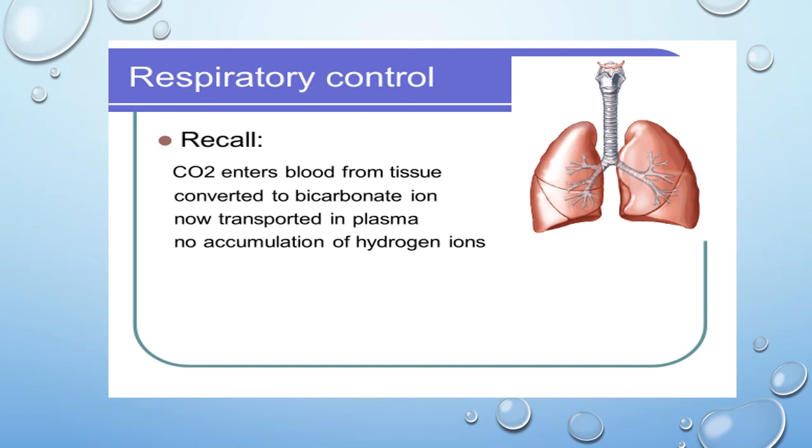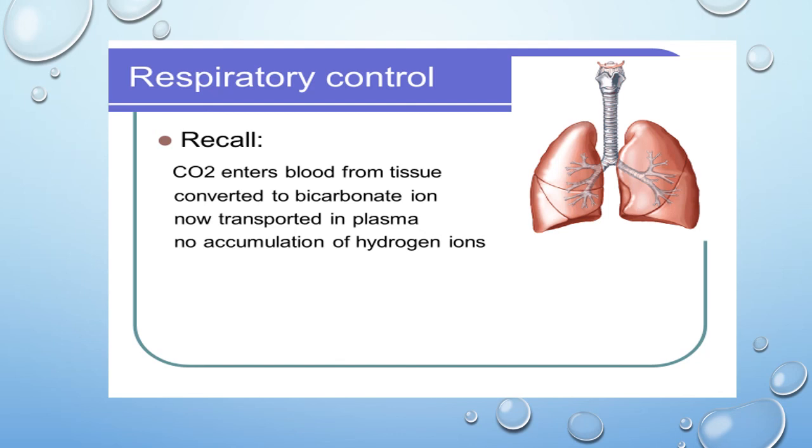Now, that bicarbonate ion, you already know, can go to the respiratory system where it's going to be released, but it also can be used as a buffering agent to regulate pH.